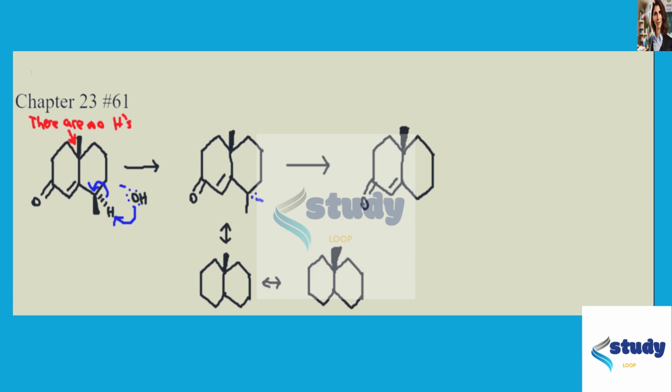And one thing to keep in mind is the reason that these gamma protons are so acidic is because the conjugate base made by deprotonating them is resonance stabilized. And so here are the resonance structures that show that, which the problem didn't strictly ask for, but is a good thing to include.